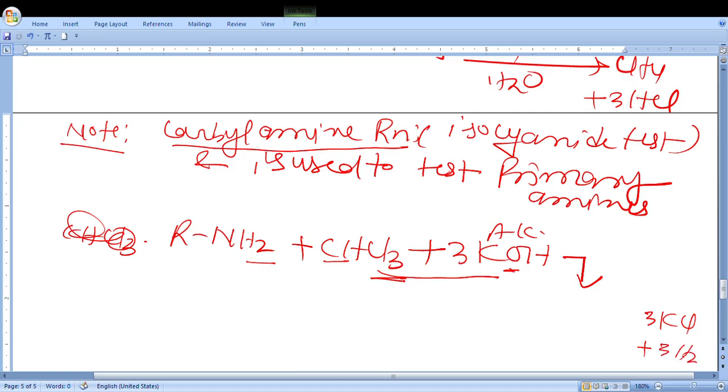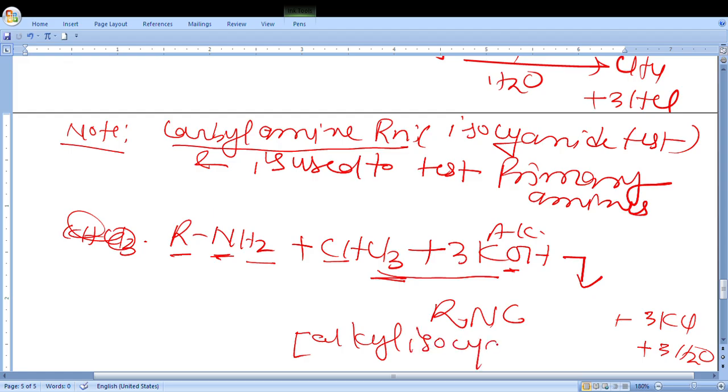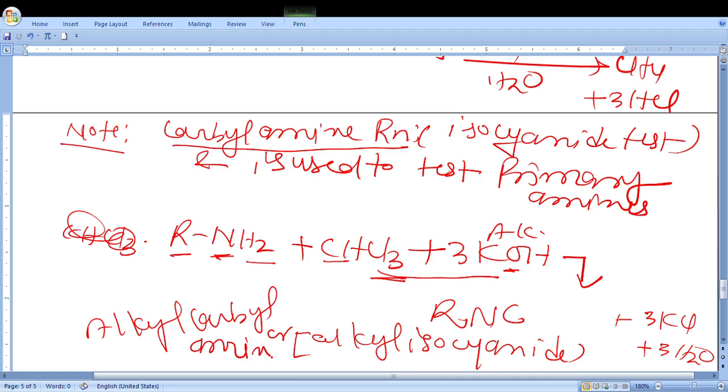The left parts are R, N and C. This is called alkyl isocyanide or alkyl carbylamine. That's why the reaction is called carbylamine.